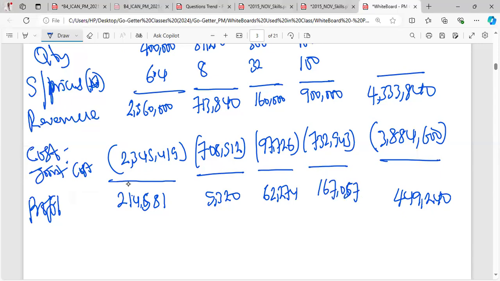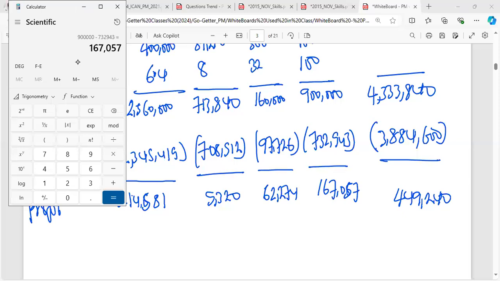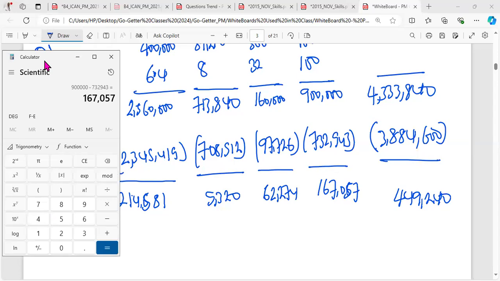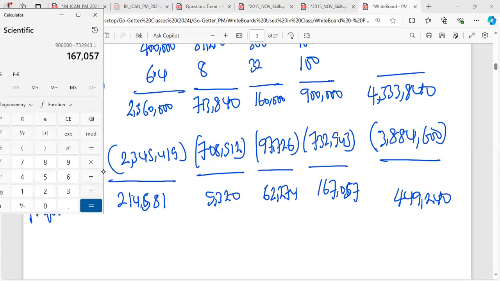Where did I see this figure before? Okay. Now, if I add all of this, let's see. 62,274 plus 5320 plus 214581.